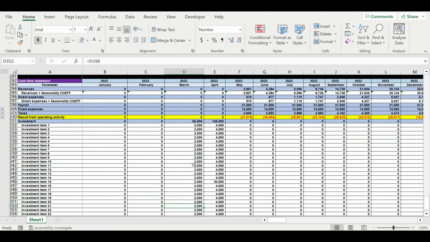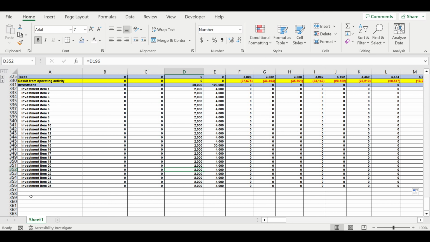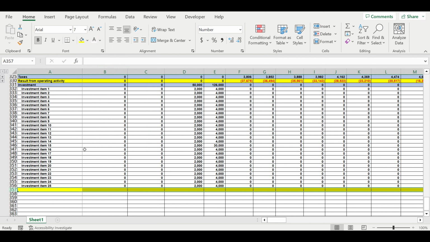So now we will create the next, final, ending line of the cash flow statement for investment activity.